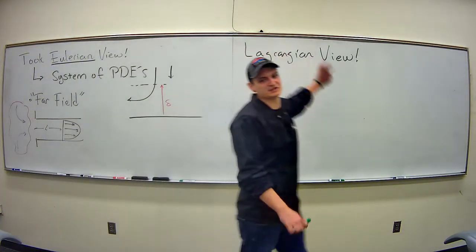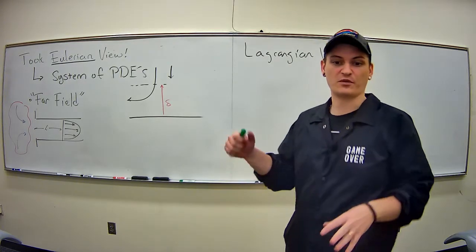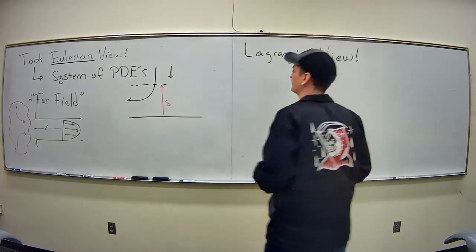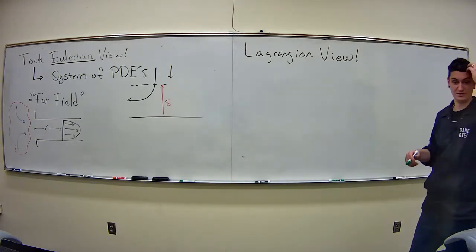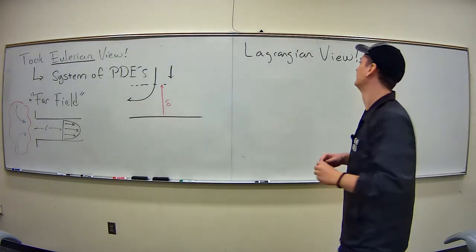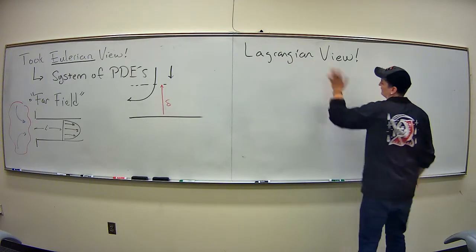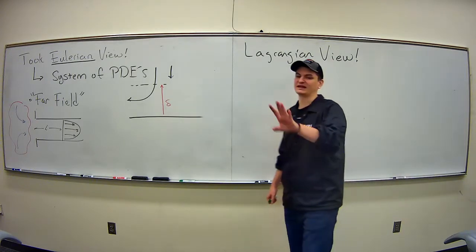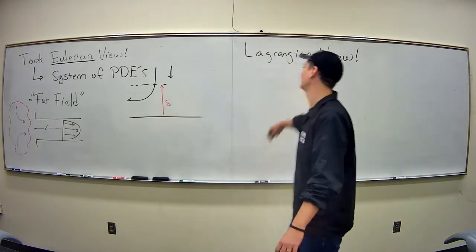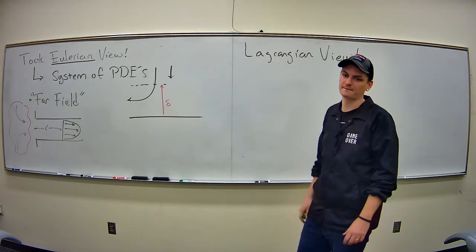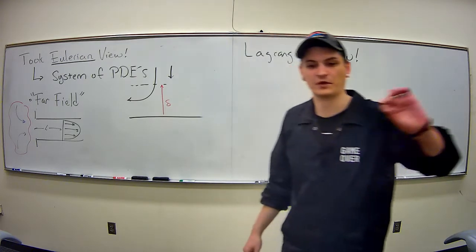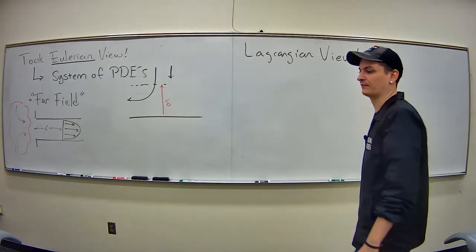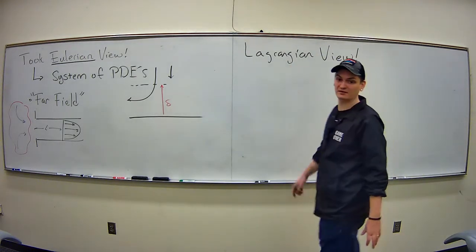And really, I want you to appreciate that we're just now switching our viewpoint. Before it was Eulerian, where we wrote down systems of equations and tried to solve them by simplification, making it 2D. We're still doing the same thing here, but our change of perspective is what motivates these next two lectures. I want to go back to that Lagrangian thing and think about fluid particles flowing along some sort of path. I think you would get all this stuff.